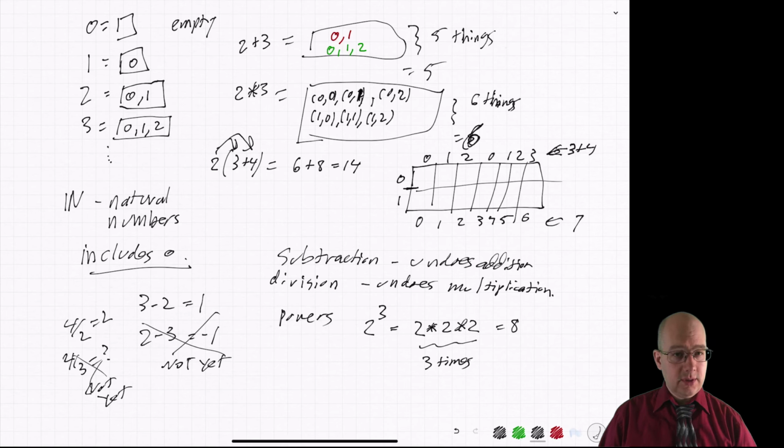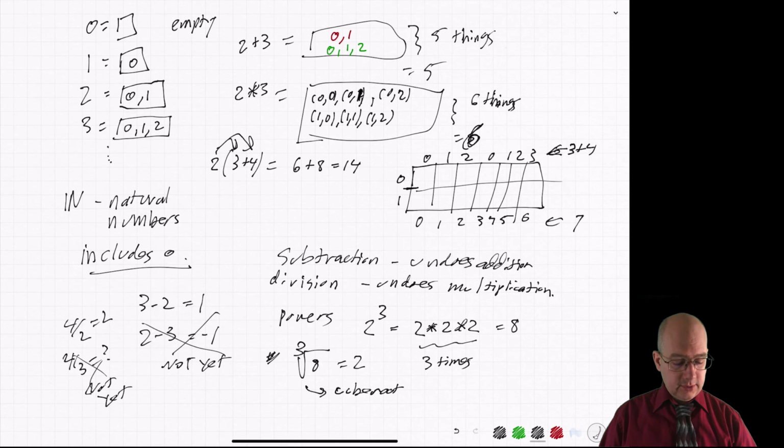And again, you can undo. Well, actually, the notation isn't there yet. I guess you could do that. So say that is the cube root of 8, and that's 2. So that's the cube root.